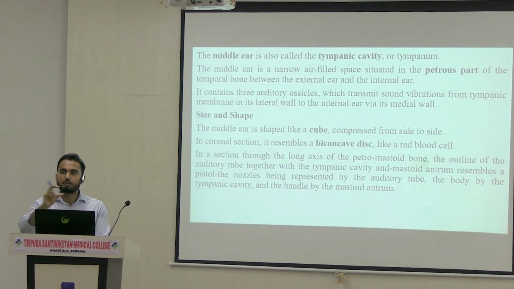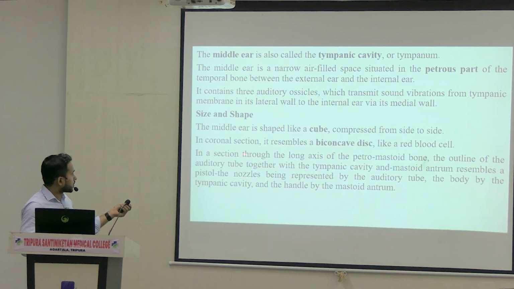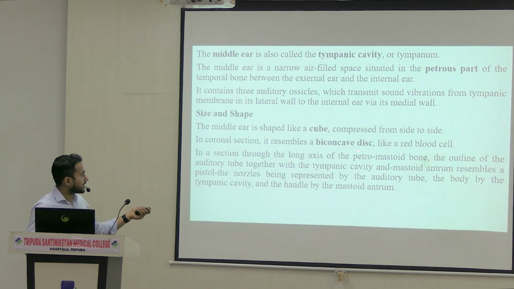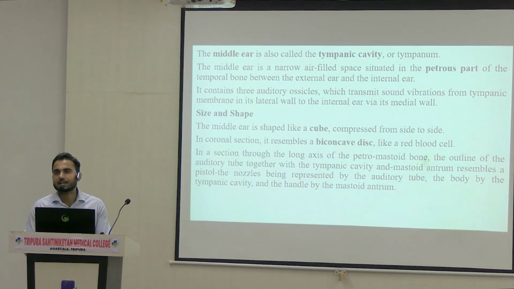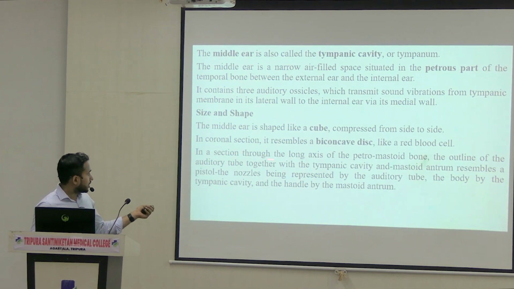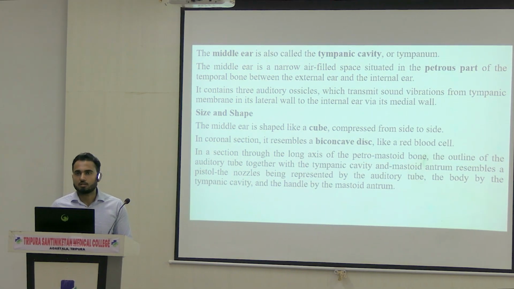That is the shape of the middle ear cavity. Next, in coronal section, the appearance is a biconcave disc, just like a red blood cell. Next, if a long section is taken along the long axis of the petromastoid bone, then the appearance is just like a pistol.